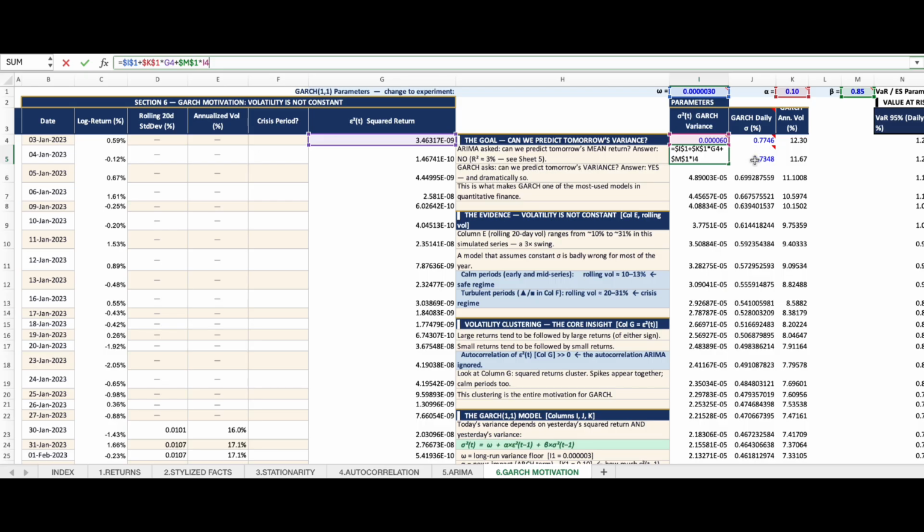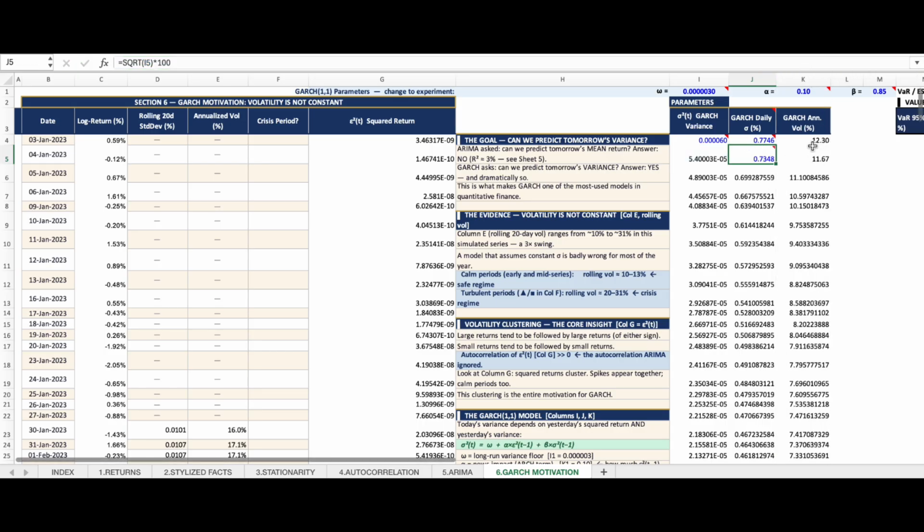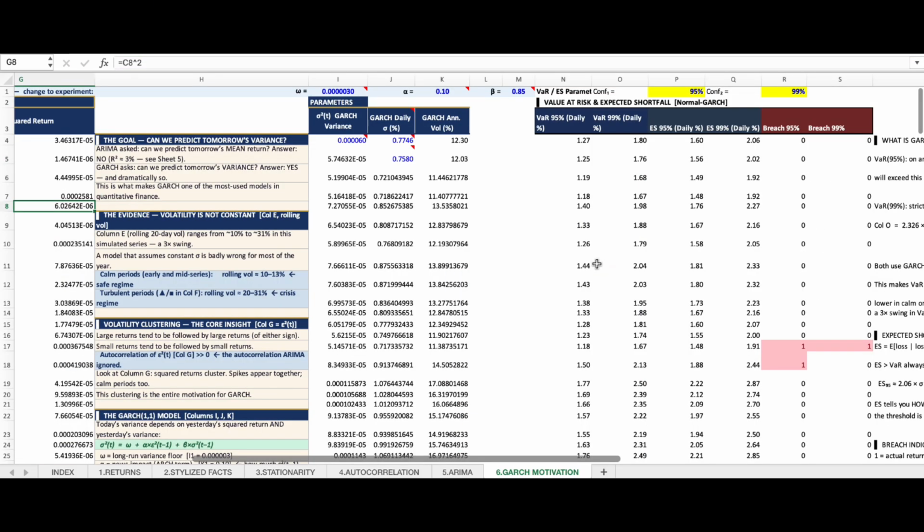Column J takes the square root of the GARCH variance and multiplies by 100. And that is the daily volatility in percentage terms. Column K annualizes it by multiplying by the square root of 252, which is the number of trading days in a year. That's how you annualize any volatility, by multiplying by the square root of 252, or 250 in some cases.